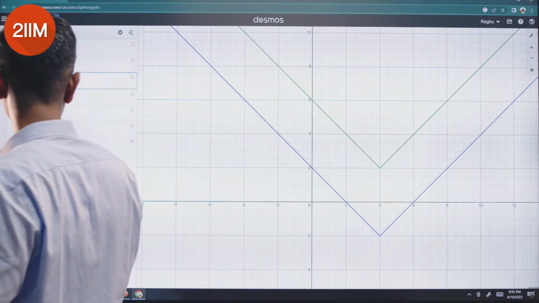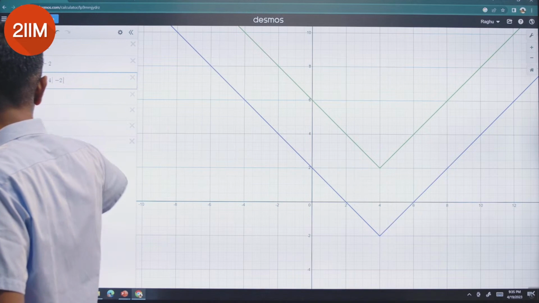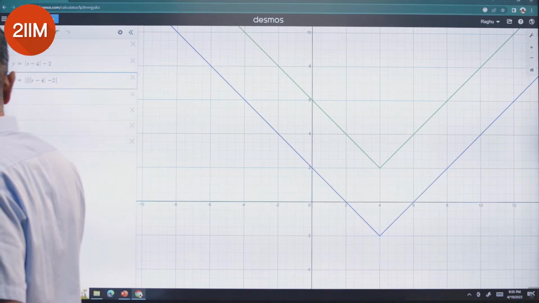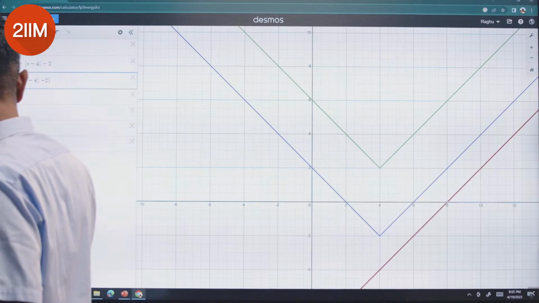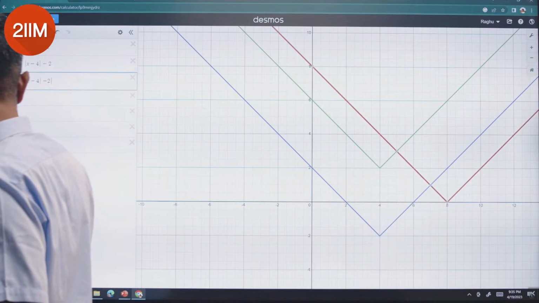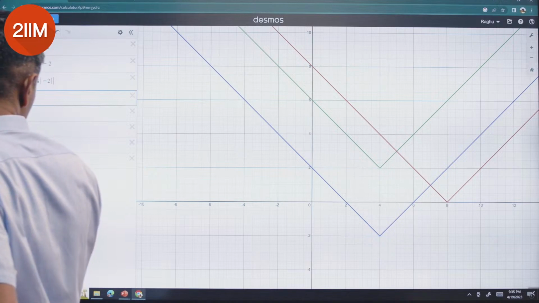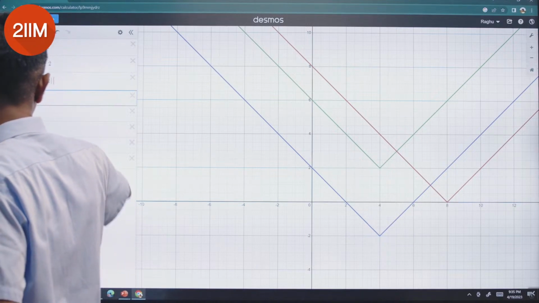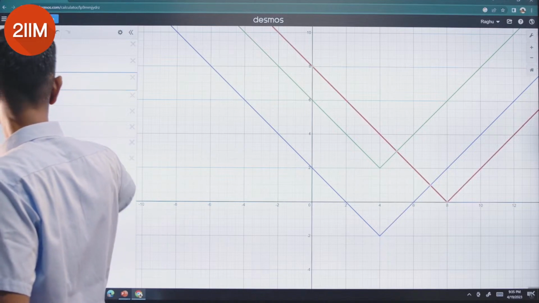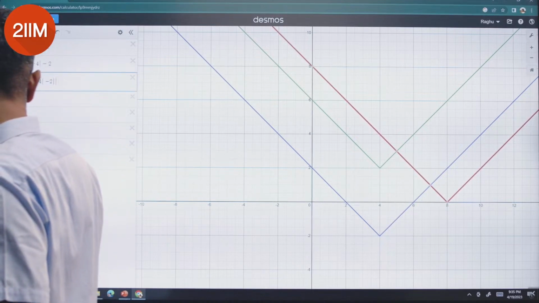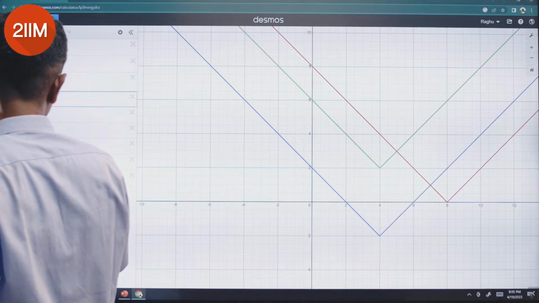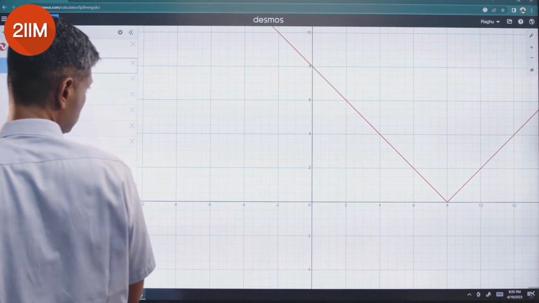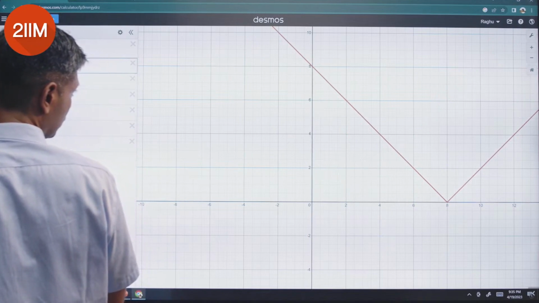Something seems to be funny here. I'm going to draw this diagram. Done right there.